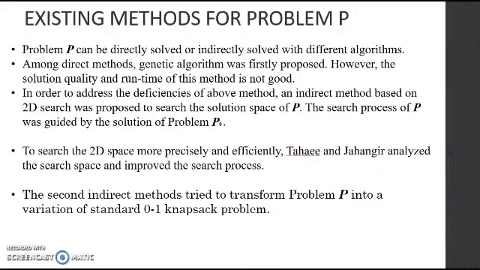To search this 2D space more precisely and efficiently, Tahi and Jahangir analyzed the search space and improved the search process. The second indirect method tries to transform problem P into a variation of the standard 01 knapsack problem.